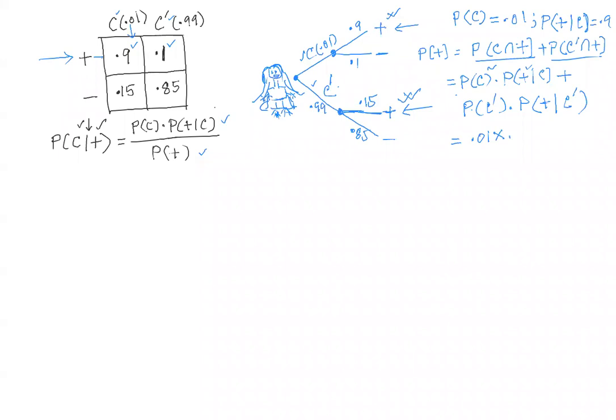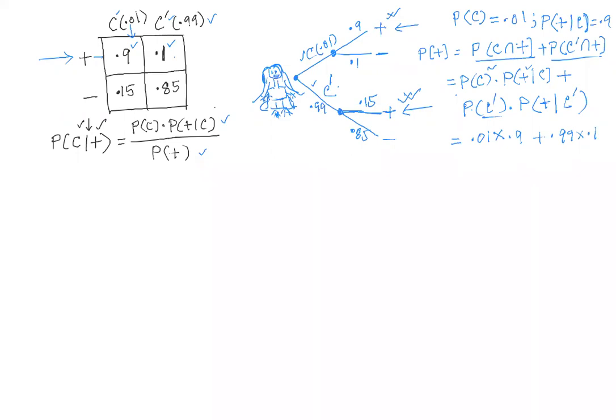So it's 0.9 plus probability of C prime, which is 99% or 0.99, times the probability of testing positive given that you do not have cancer, which is 0.1.